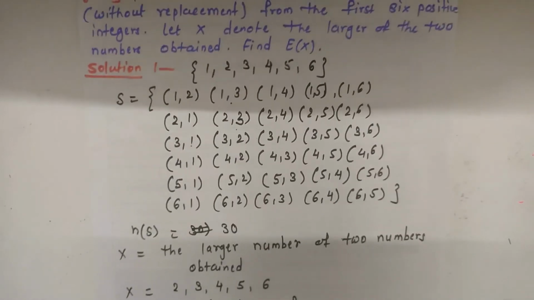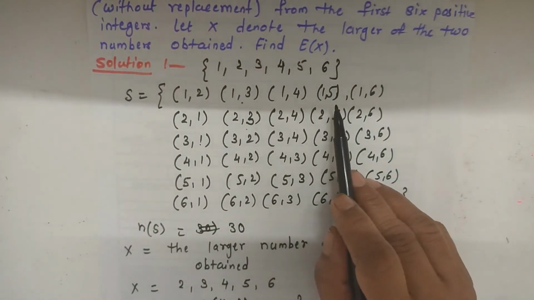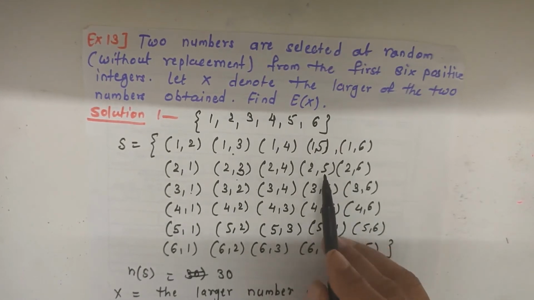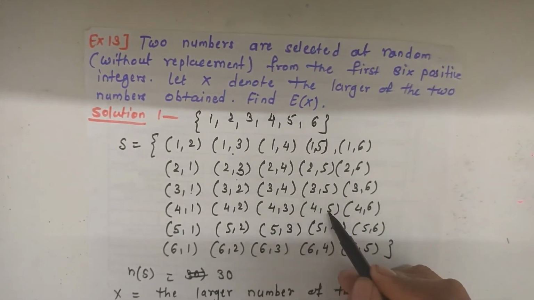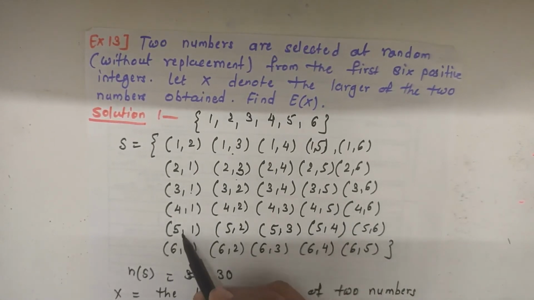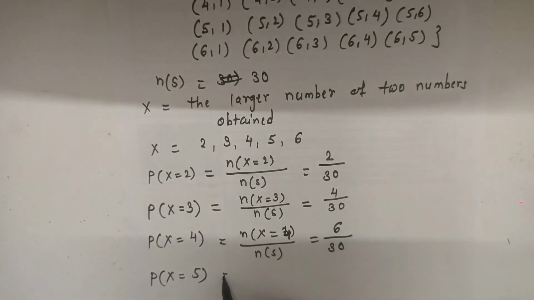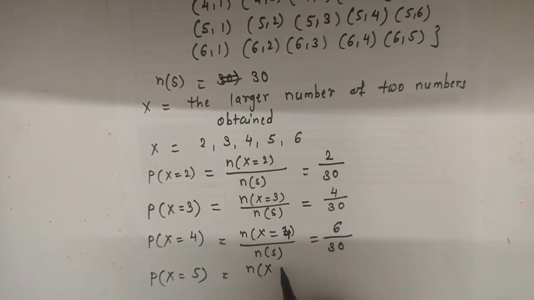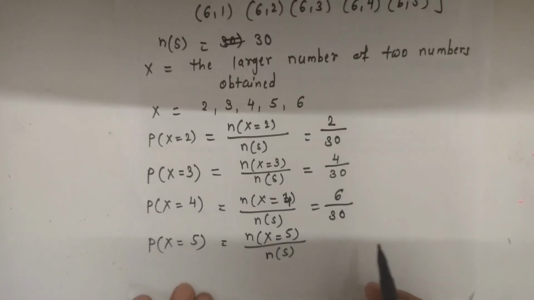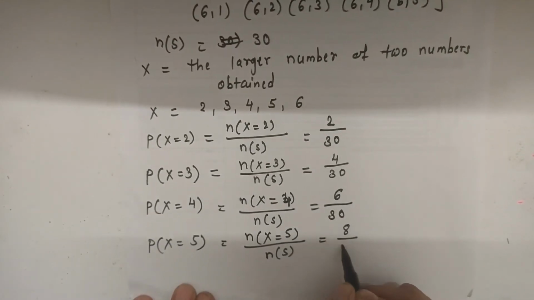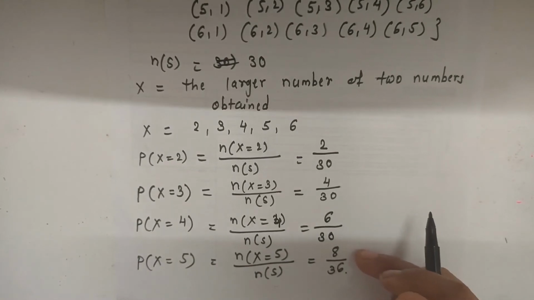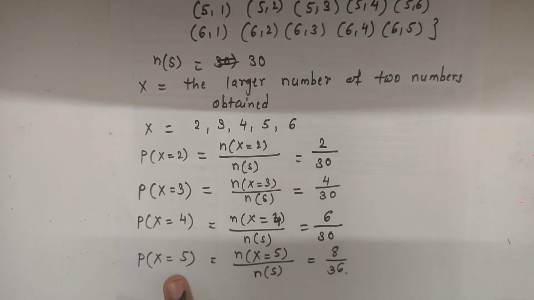Where 5 is larger, the possible ordered pairs are 8 in number. So the probability of x equal to 5 is 8 upon 30. There are 8 ordered pairs such that 5 is larger.